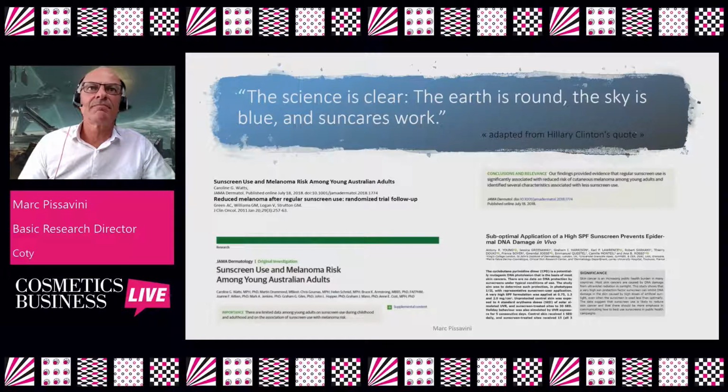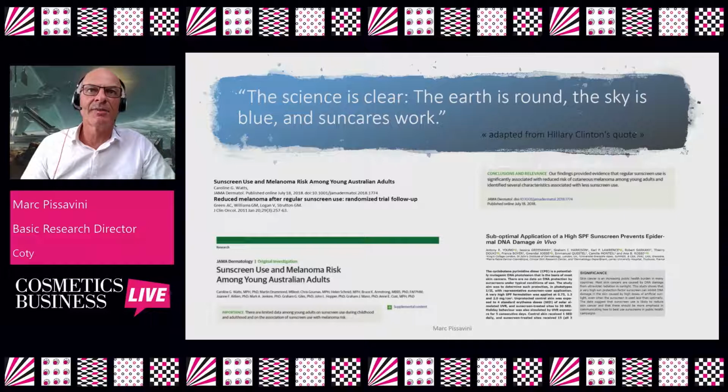So I would like to quote a sentence of Hillary Clinton, saying the same thing about the vaccine: the science is clear. The earth is round, the sky is blue, and the sunscreen works. Yes, of course, from time to time you can find a claimed SPF not linked with the SPF that you can find with a report from the institute. Then it can happen.